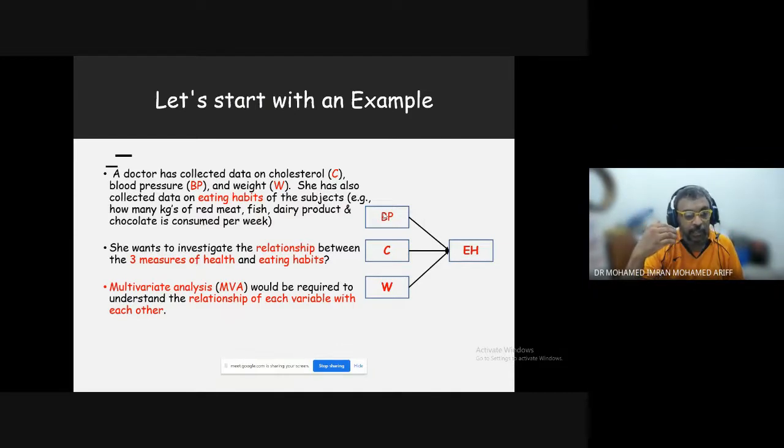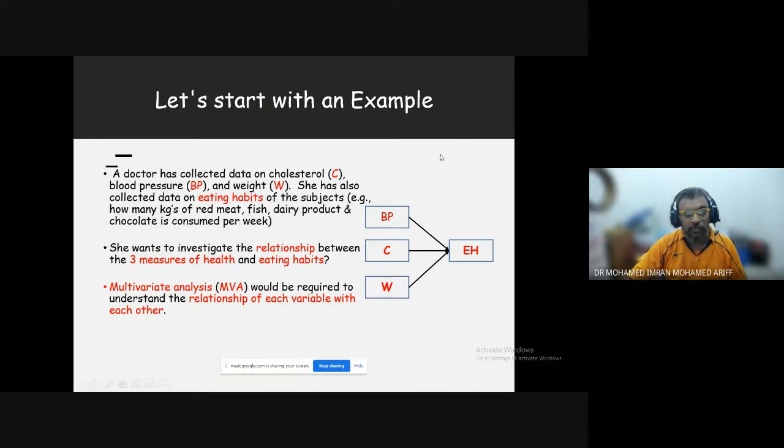Or maybe can we say that some people macam ada yang kurang makan, kurang kolesterol, and orang kurus pun eating habits dia mungkin kurang, ataupun mungkin the cholesterol is low, BP is high, weight is low, but the eating habits is also high. So we want to find out what the relationship is kat sini.